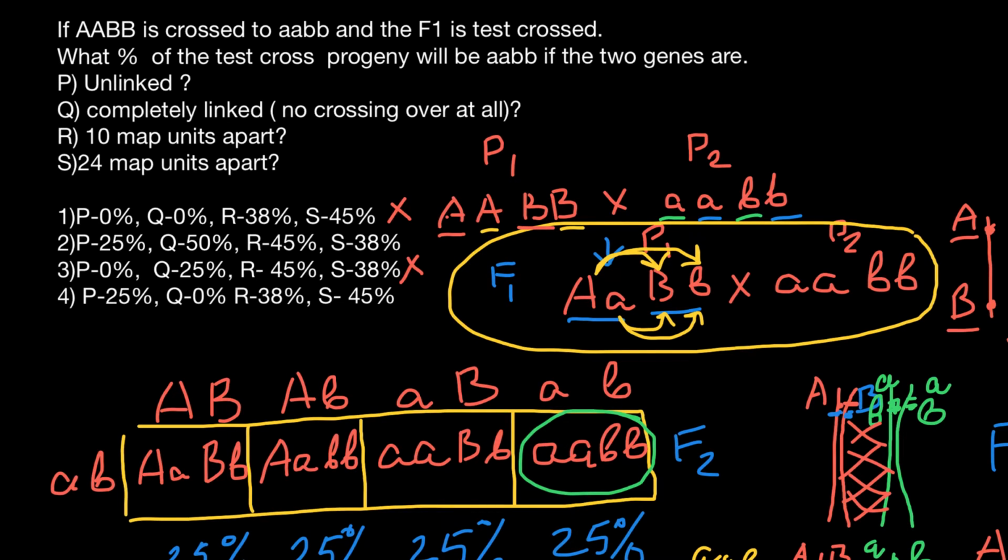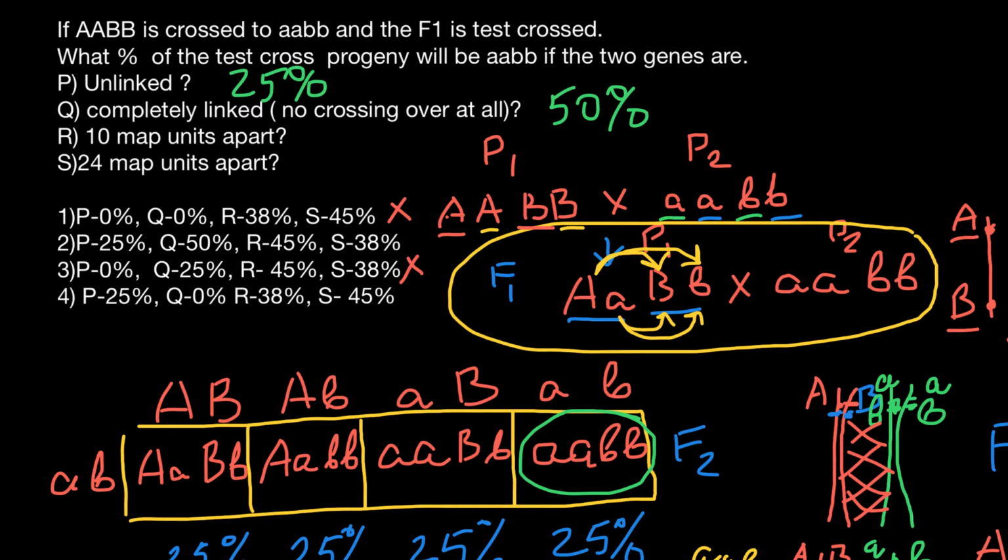Again, what percent of the test cross progeny will be small a, small a, small b, small b? We already gave an answer to the first question. It is 25%, and now we can say that for the second question it is 50%.